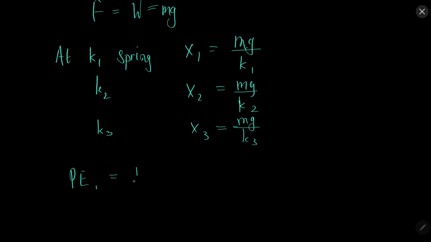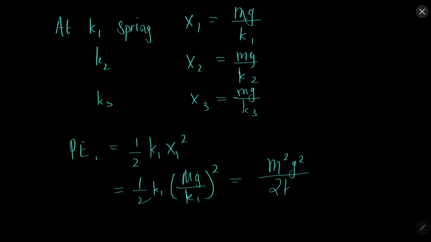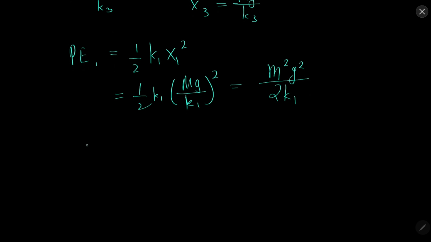Potential energy for the first one is half K1 x square, which is half K1 times (mg over K1) whole square, so after simplification, m square g square over 2K1. Similarly for the second one, and the third one.